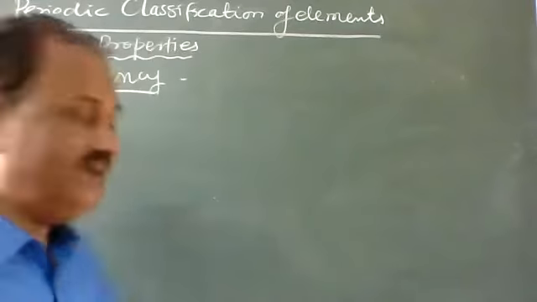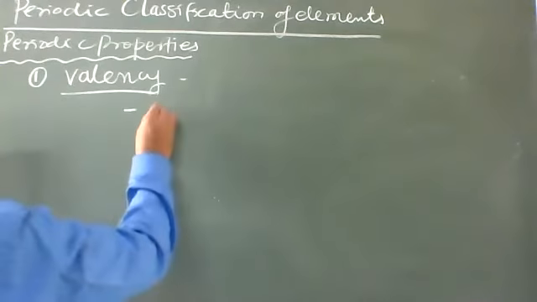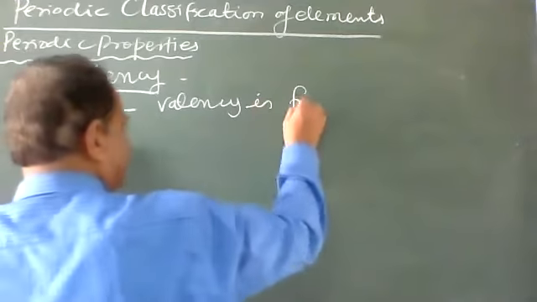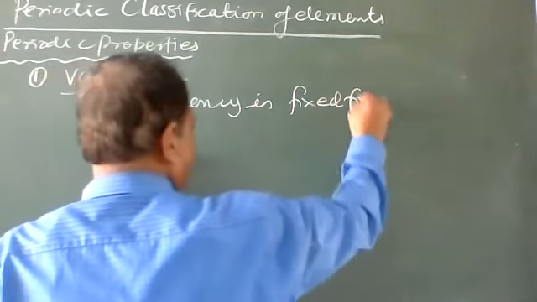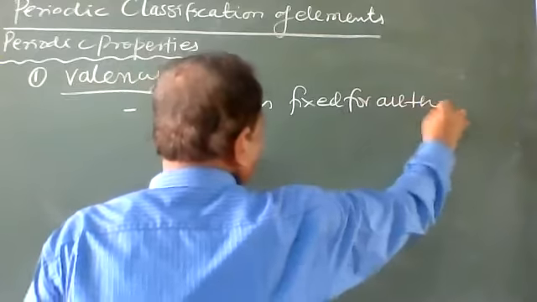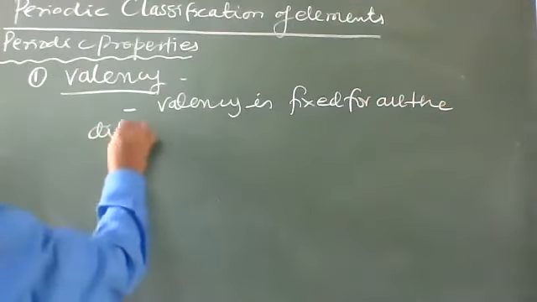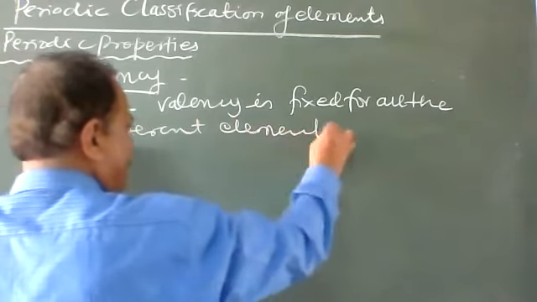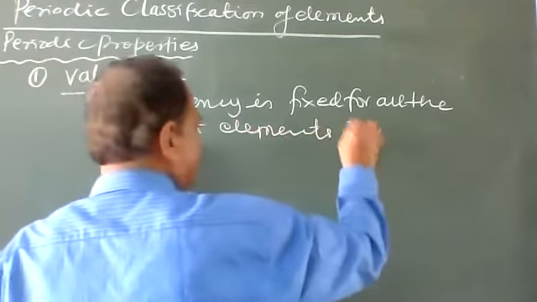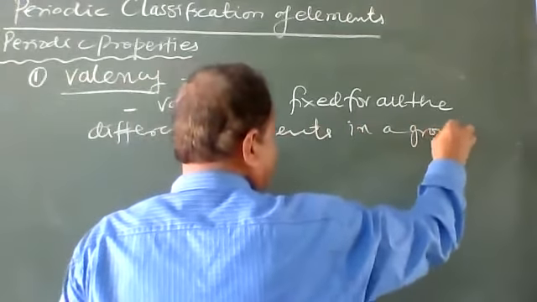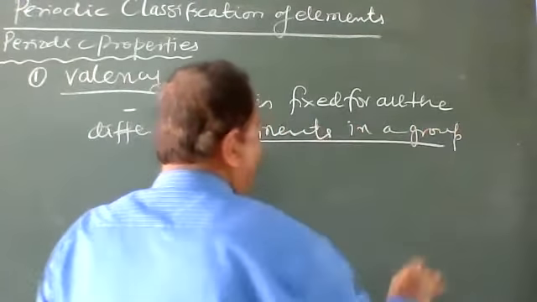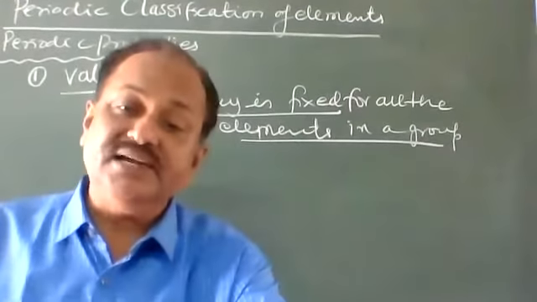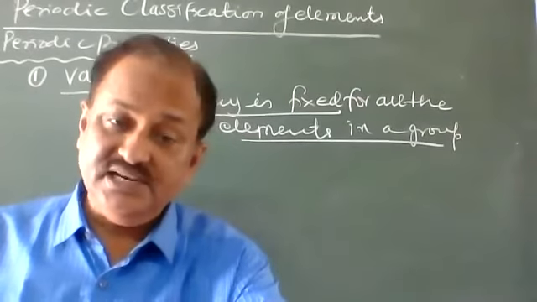So there are some points. Number one, valency is fixed for all the different elements in a group. This is a very important point. Valency is always fixed for all the elements in a particular group.